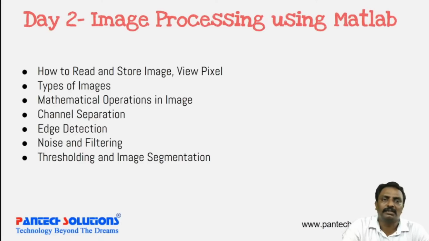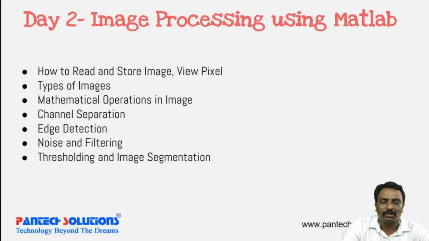In edge detection, we will go through various edge detection techniques: Sobel edge detection, Canny edge detection, and Prewitt edge detection, and how to apply these techniques on a grayscale image. In noise and filtering, we will cover noise like salt and pepper noise and Gaussian noise, and how to apply the Wiener filter and median filter to remove the noise from the image.